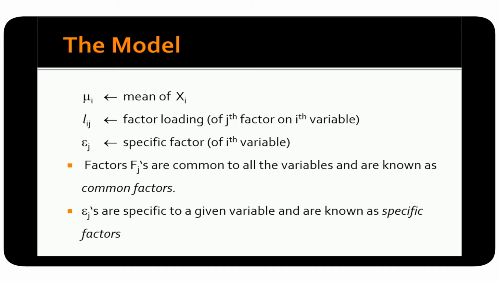So, there would be some specific factors related to each of these variables which are not common with the other variables. So, the general factors are f1, f2, ..., fp, and the specific factors are the epsilons. We will be more concerned with the general factors because we can reduce the number of variables by looking at the general factors, but the specific factors would not help us in reducing the number of variables.